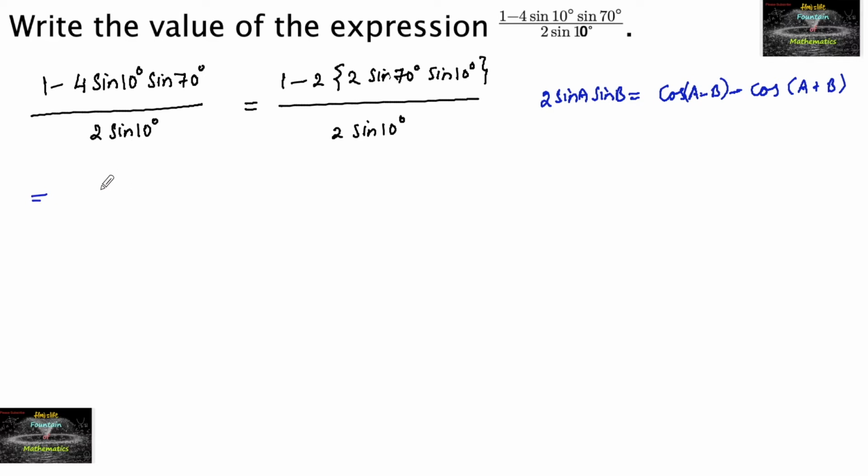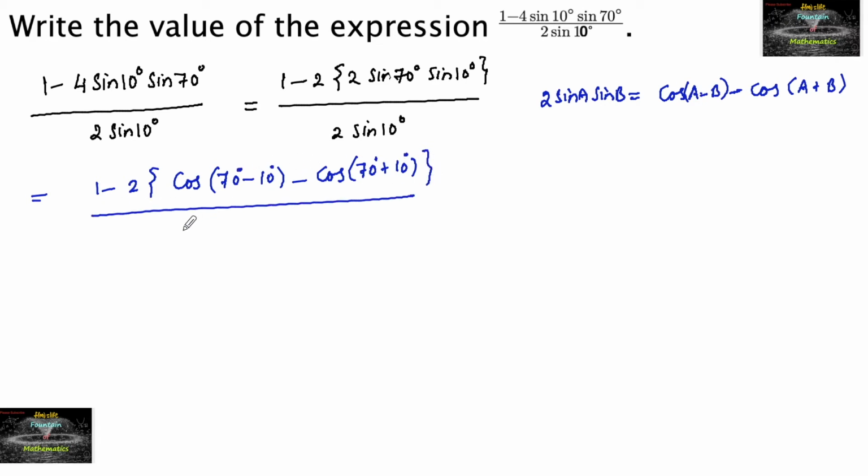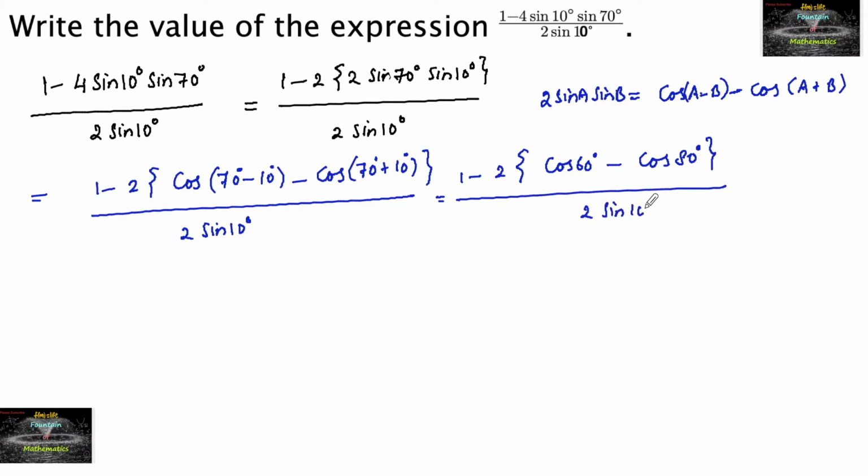So we can have 1 minus 2 times of cos of (A minus B). So A is 70 and B is 10. So we can write cos of (70 minus 10) minus cos of (A plus B), that is 70 plus 10 degrees, upon 2 sin 10 degrees, which equals 1 minus 2 times of cos 60 minus cos 80 degrees divided by 2 sin 10 degrees.